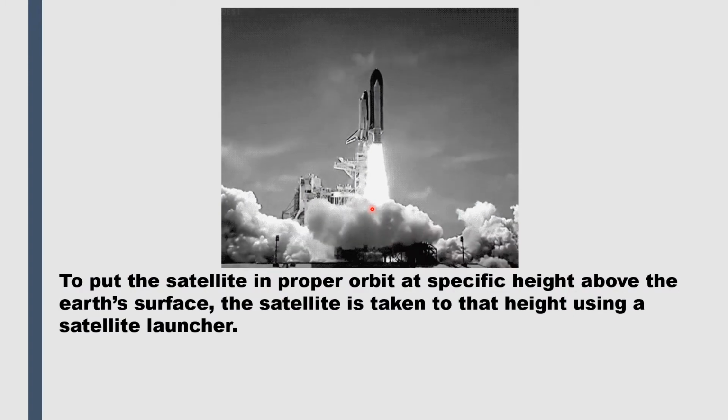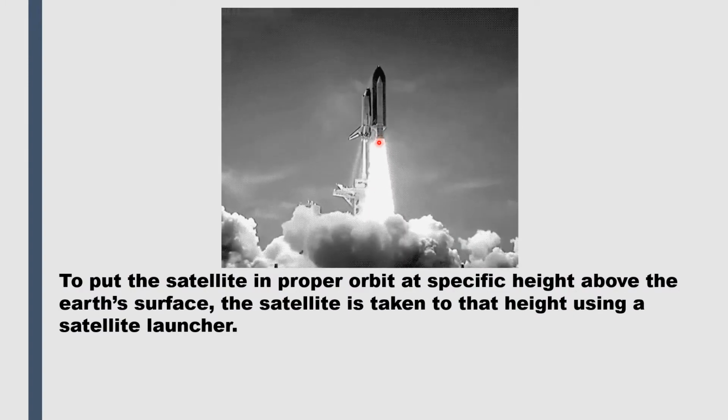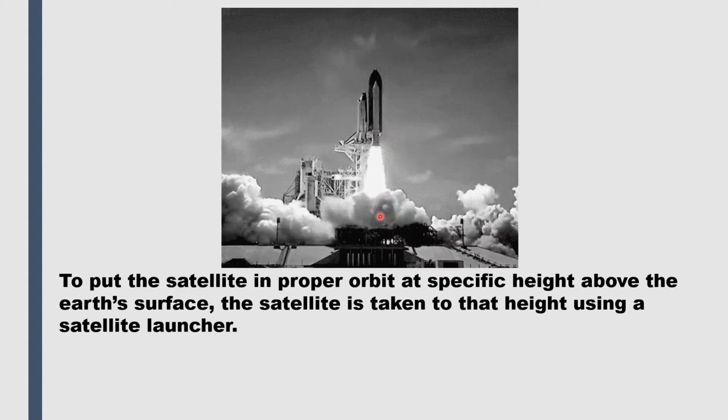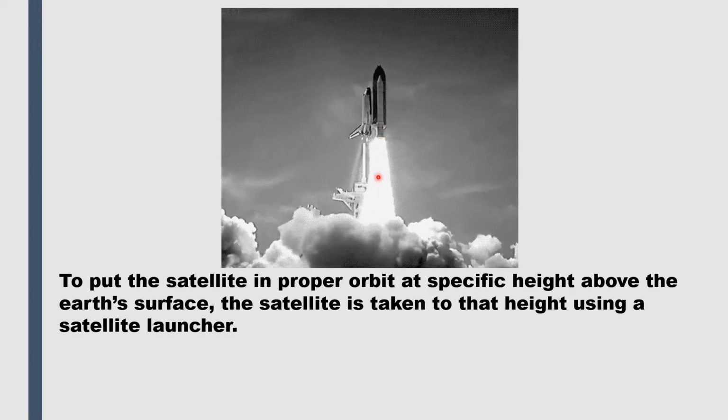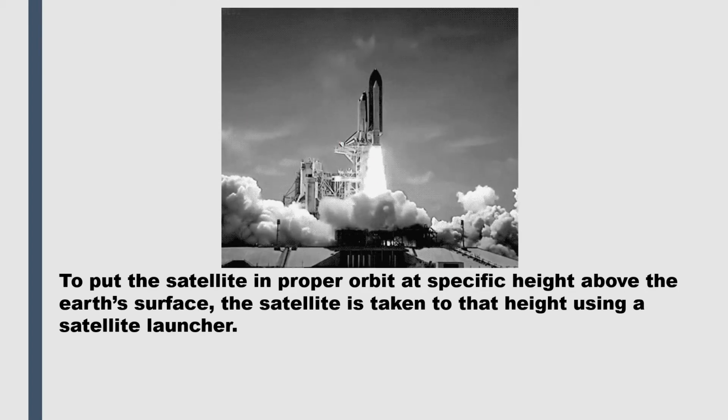In order to put the satellite in a proper orbit at a specific height from the Earth's surface, the satellite has to be launched using a satellite launcher or a satellite launching vehicle.